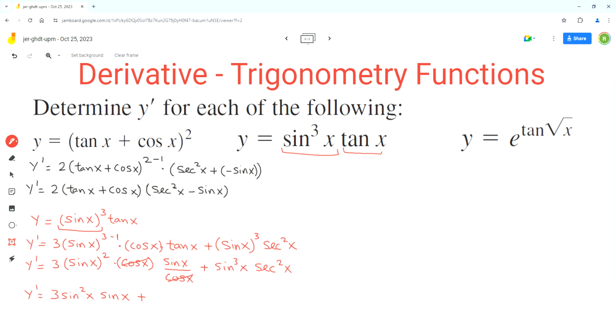The second part stays the same. In the first part, sine square x times sine x is sine cube x.